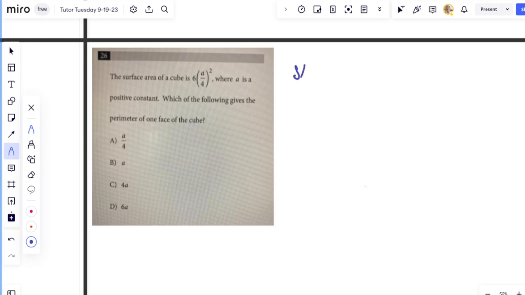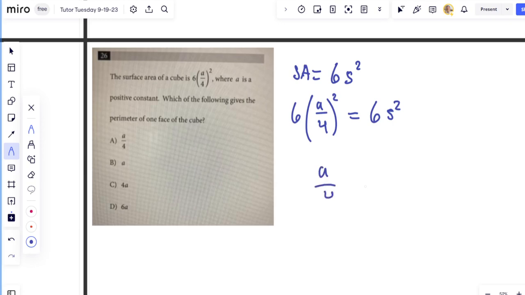I know surface area is equal to 6 times the side length squared, because a cube has 6 equal faces. So if the surface area is 6 times (a over 4) squared, and the formula is 6 times the side length squared, we can just match different parts of this equation, or divide both sides by 6.